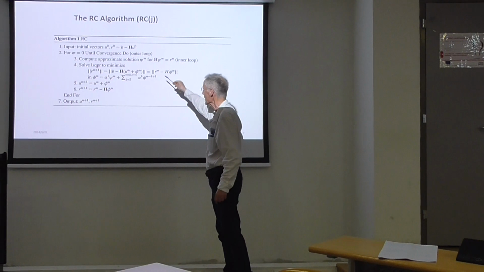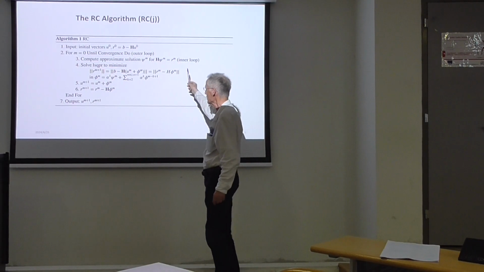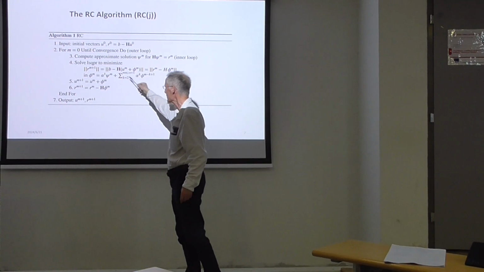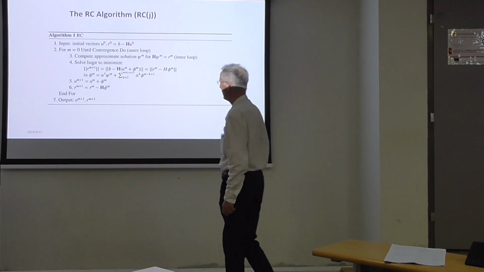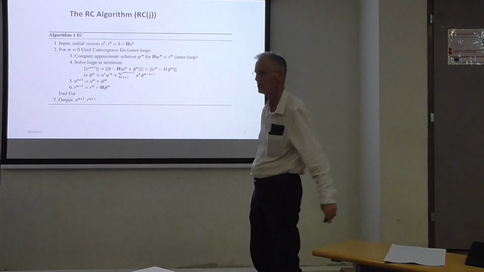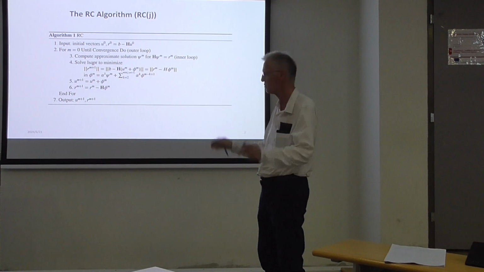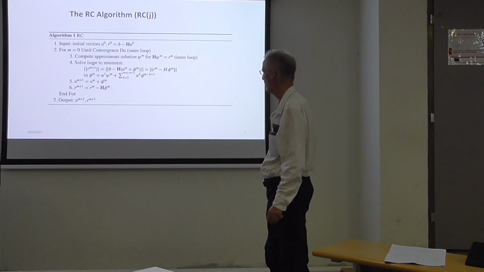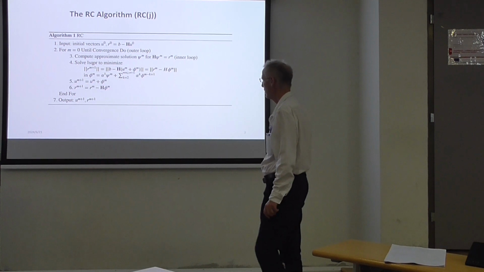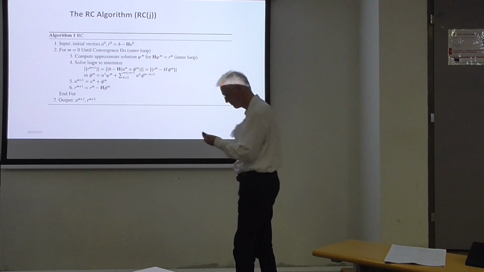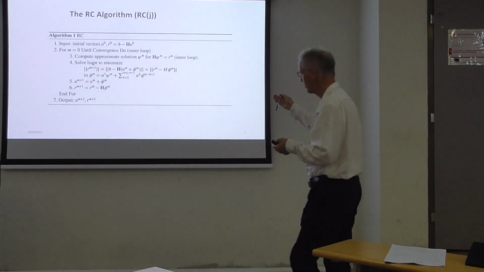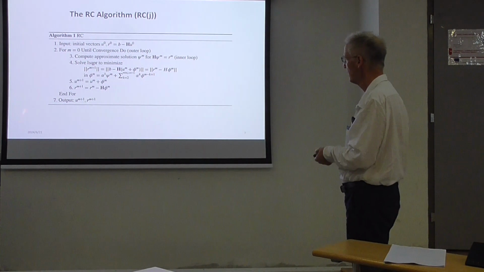We find the approximate solution, then we solve the linear least squares problem to find these scalar parameters, to optimize in that sense, minimize the Euclidean norm. Okay, and then this is no good either, because it shows phase.